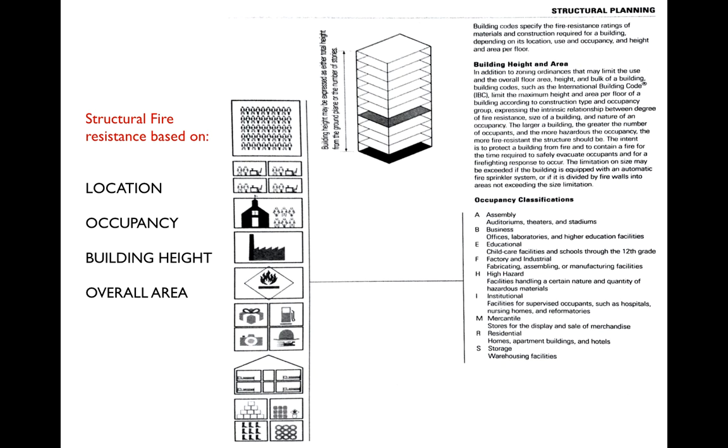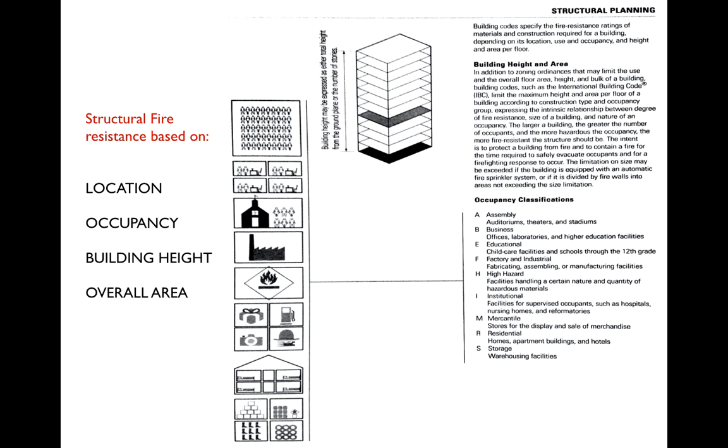You can see on the right occupancy classifications. These hopefully you're familiar with from your course work on building codes. But you can imagine each one of these has a different kind of concern when it comes to fire. So assembly, we're mostly worried about getting people out. Factory and industrial, however, we're more worried about containing a really volatile, flammable material, or in some cases containing what could be actually an explosion.